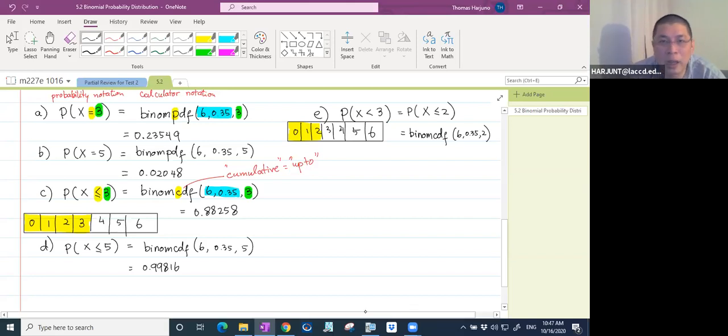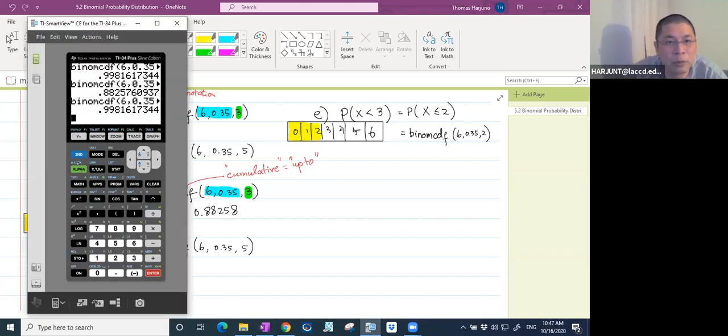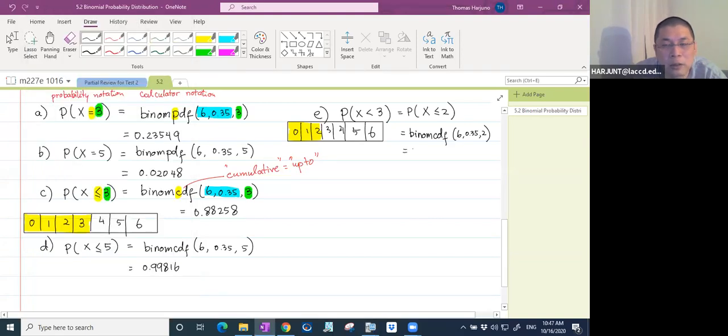Then I grab my calculator. That's exactly the same as the previous entry, except that I need to change the 5 becomes 2. So binom CDF already, 5 becomes 2. That will be 0.64709.